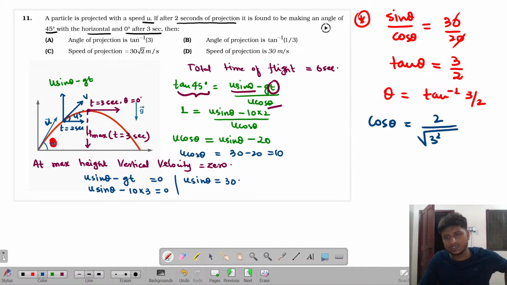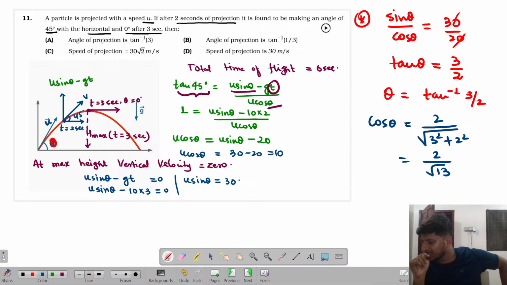Root over 3 square plus 2 square, that is 9 plus 4, that is root under 13... So if I know this velocity component, let me check, am I writing it perfectly now. u sin theta I am getting how much? 30, and u cos theta is 10.